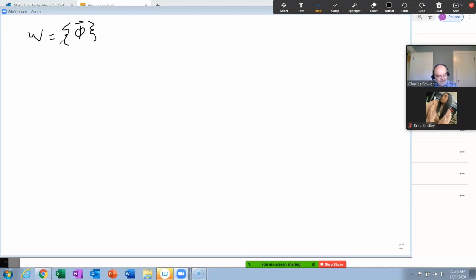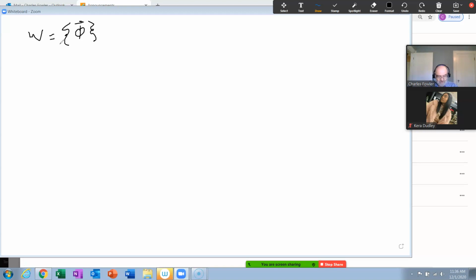Now, another subspace of V is V itself. Okay? V obviously is a vector space, and it is a subset of itself. So it's also a vector space, so it is a subspace. So that's the smallest, that's the largest.